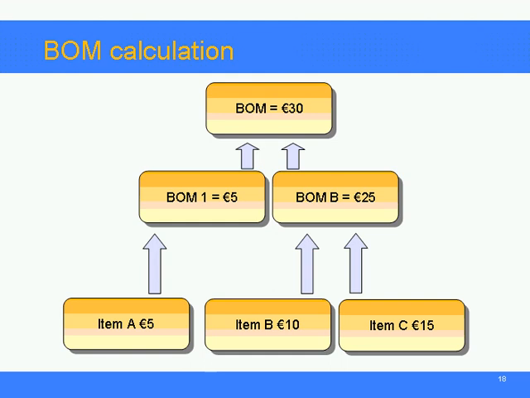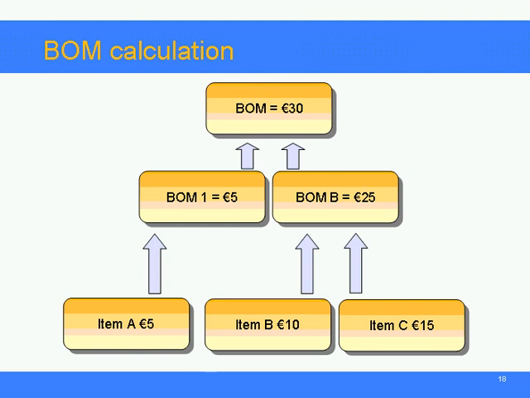So here you see that BOM 1 consists of two items, item A and item B. And BOM 1 cost price, €5, consists of item A's cost price, €5.